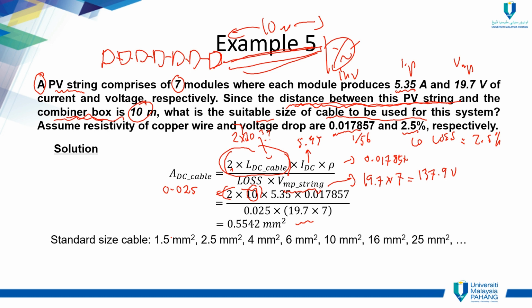Zulfikar. What is the cable size for this question? We calculate 0.5542. Apa? Nanti. Uish, kau ni siapa ni? Nafal ke? Kau ni tuan main rodok je. Aku tak tanya kau. Jangan jawab. Nanti. Tak tanya tadi.